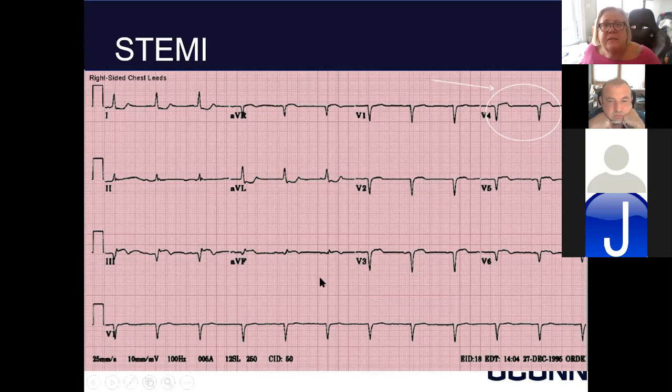I'm going to ask you to, hold on, I'm going to stop share for a moment and show you something else. What's that called? Husky CT.